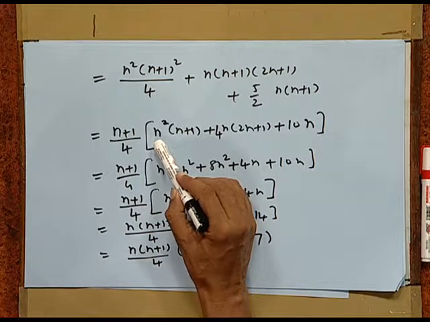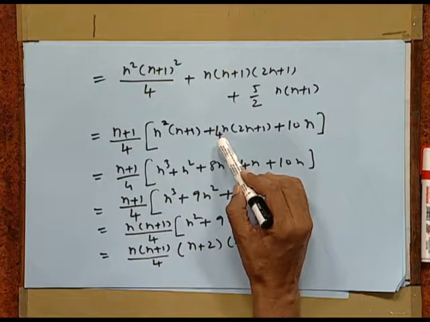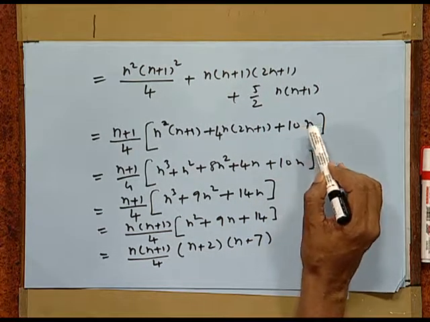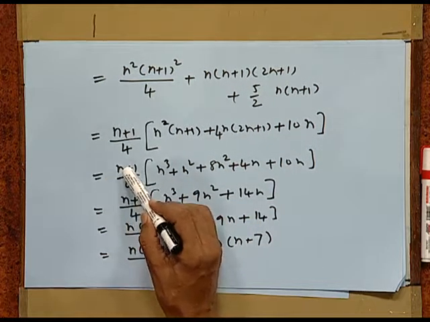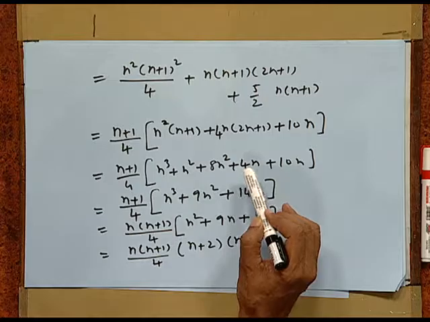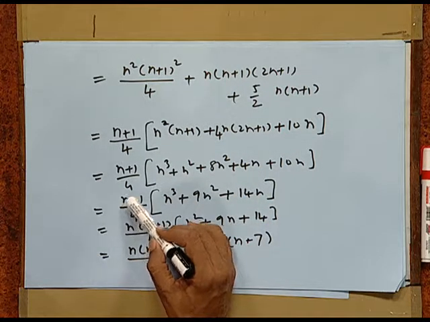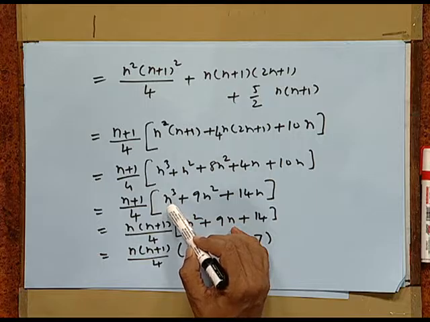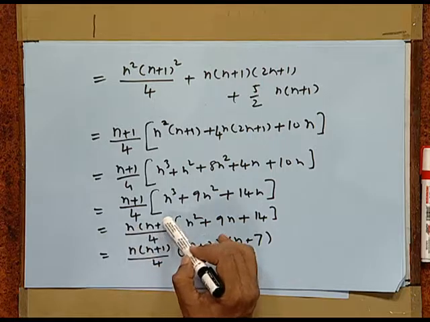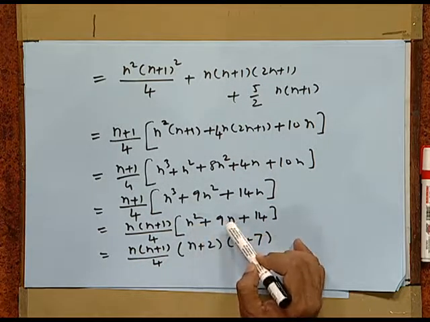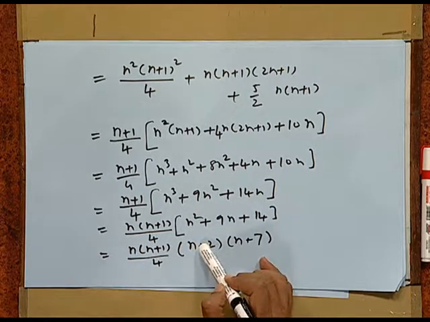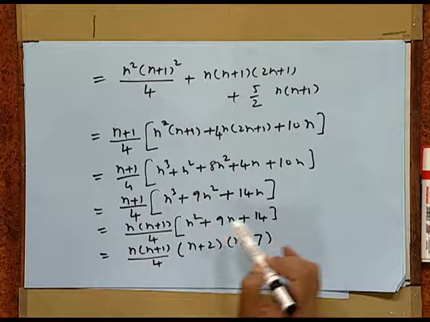So, we get n square times n plus 1, 4n times 2n plus 1, then 10 times n equals n plus 1 by 4 n cube plus n square plus 8 n square plus 4 n plus 10 n equals n plus 1 by 4 n cube plus 9 n square plus 14 n, that equals n times n plus 1 by 4 n square plus 9 n plus 14, which equals n times n plus 1 times n plus 2 times n plus 7 upon 4.